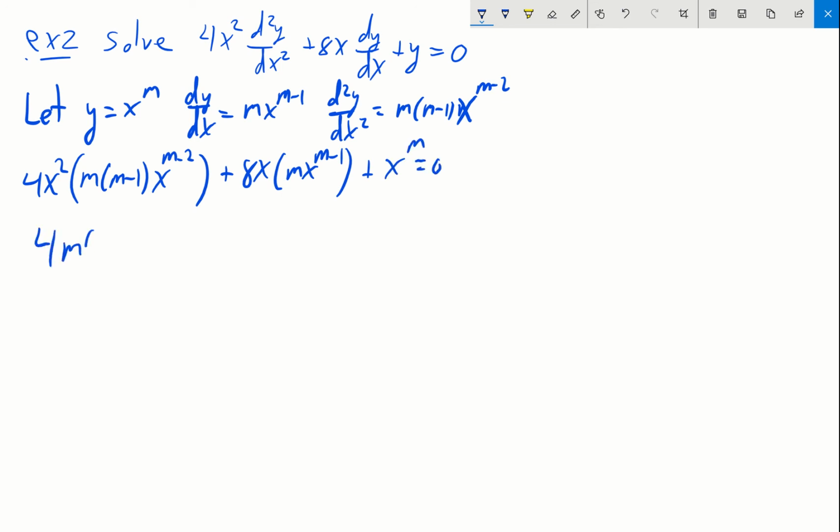Kind of quickly blowing through some of this algebra. We've seen it a few times now. This will be 4m(m minus 1) x to the m plus 8m x to the m plus x to the m equals 0. We can go ahead and solve this.